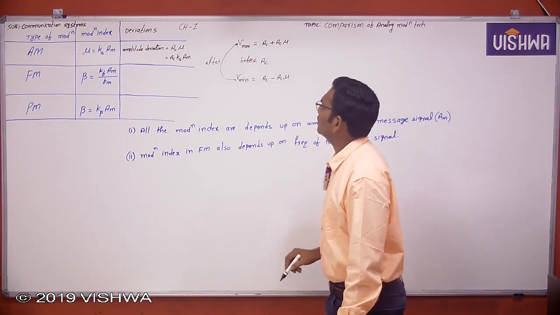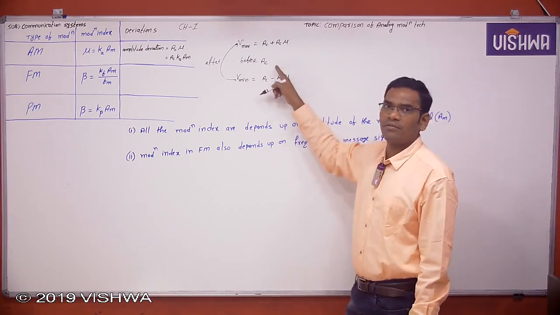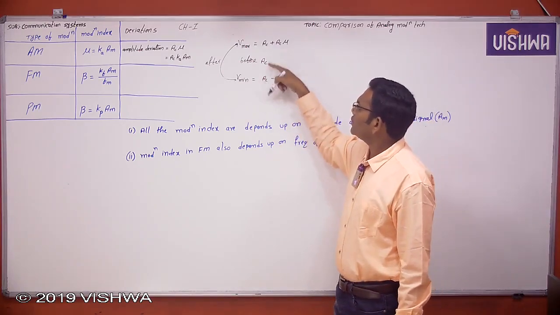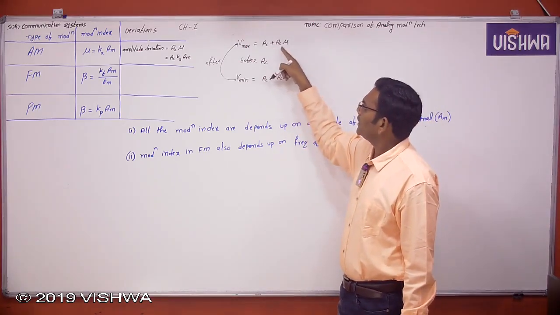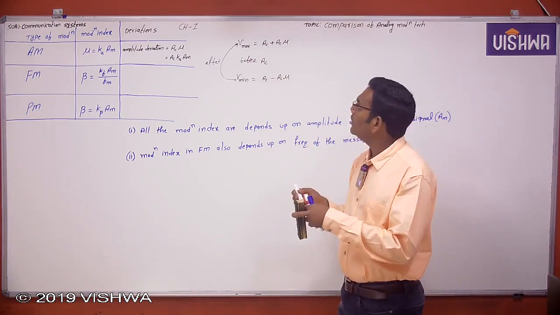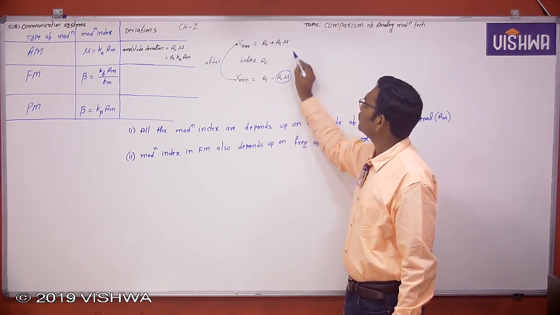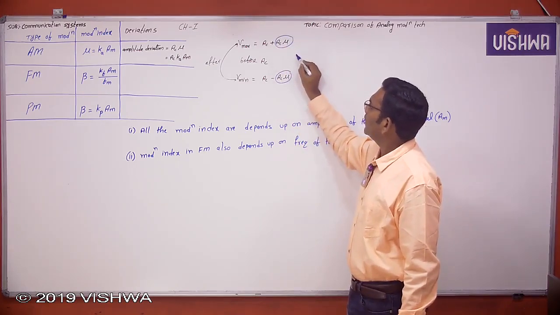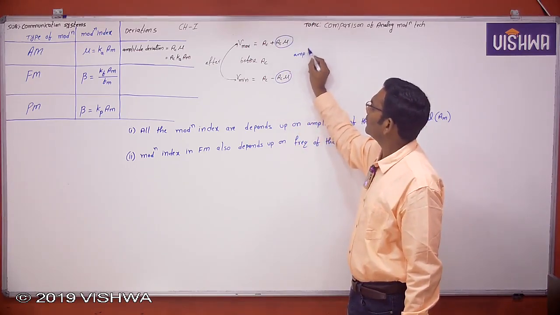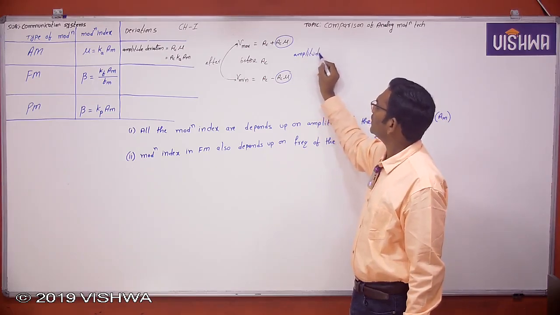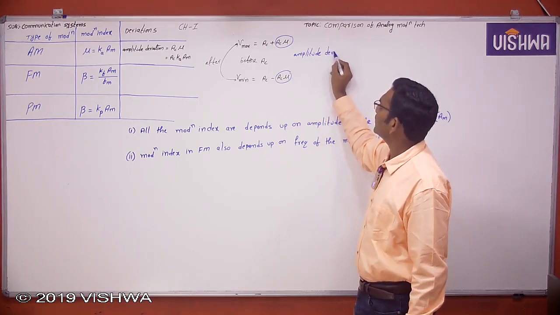Before modulation, the amplitude of the carrier is Ac. After modulation, it is deviated by an amount of Ac into mu. This is nothing but the amplitude deviation, because the amplitude is changing, and how much it changes is the deviation.